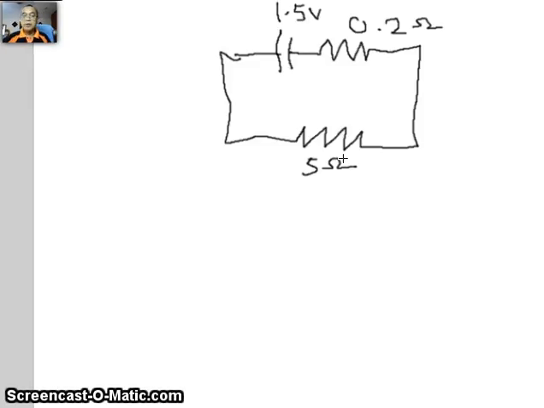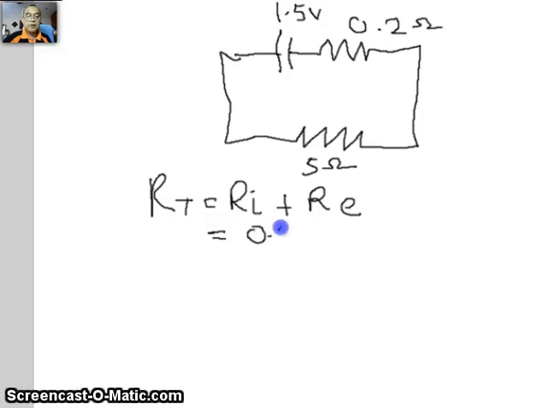So then we have the total resistance RT equal to R internal plus R external, equal to 0.2 plus 5 ohms, equal to 5.2 ohms.